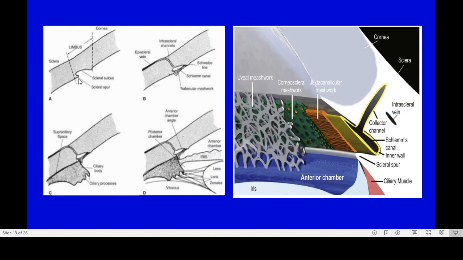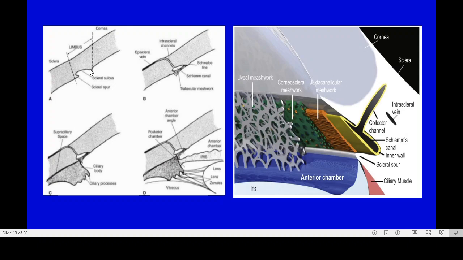These are the stepwise diagrams of the angle. In the first one, you can see an area bounded by two lines. This is the area of the limbus, and underneath it lies the angle. You can see over here a very prominent elevation. This is the scleral spur, and again anteriorly there is a prominent elevation.